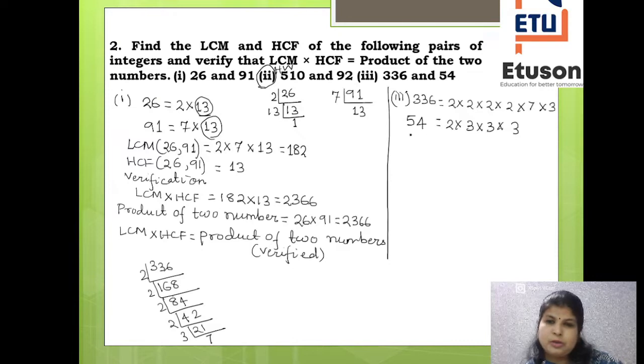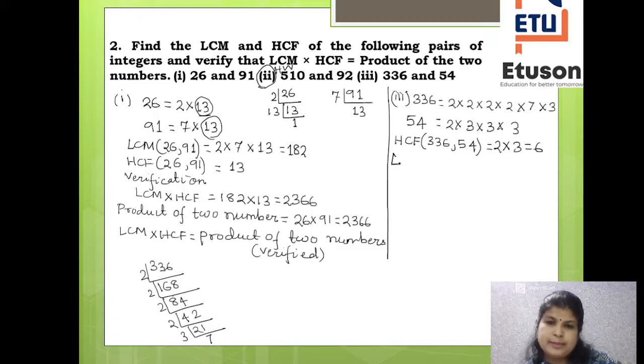So what is the HCF of 336 and 54? You have to take the highest common factor. In this case 3 is common over here, and also 2 is common. So the HCF is 2 into 3, that is equal to 6.